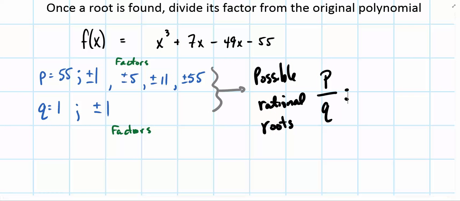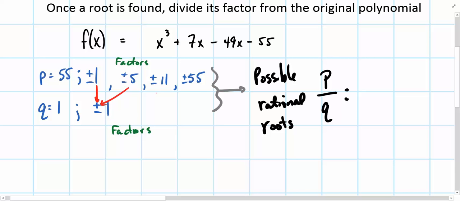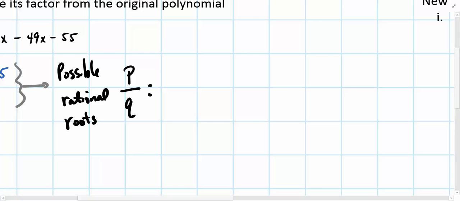And so in this case, if I were to divide 1 by 1, 5 by 1, 11 by 1, or 55 by 1, well, all of the results are pretty easy to find. It's either going to be a positive, negative 1, 5, 11, or 55.